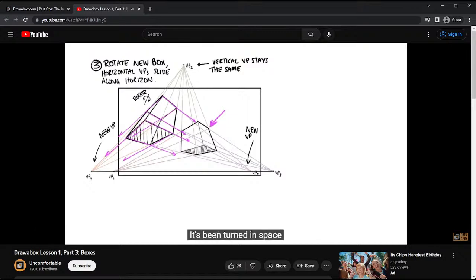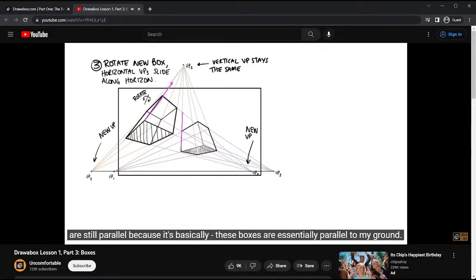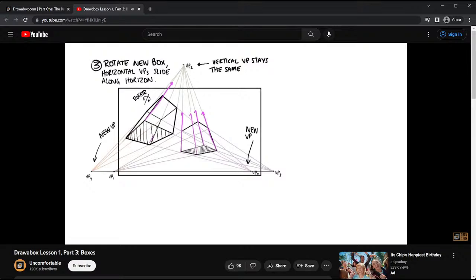It's been turned in space, but its vertical lines are still parallel to those on this box. Let's erase all this, get rid of the clutter. So these lines here are still parallel because these boxes are essentially parallel to my ground. And so I have not rotated them so that these verticals would be any different. So they still share the same vanishing point.